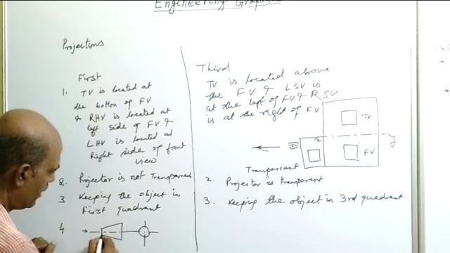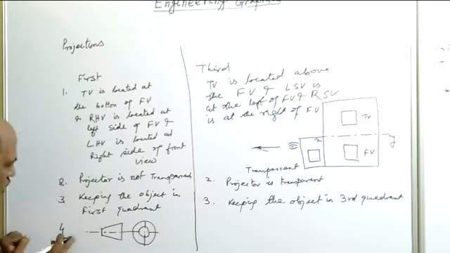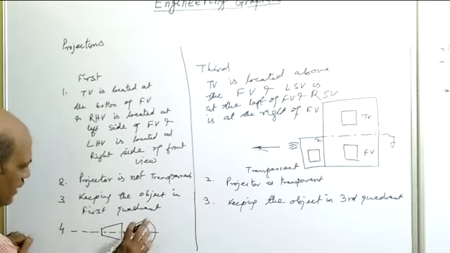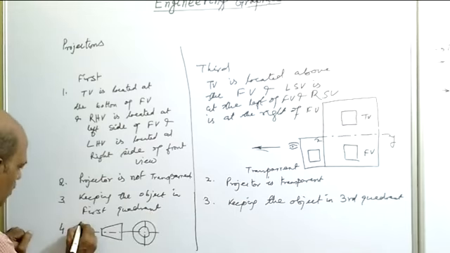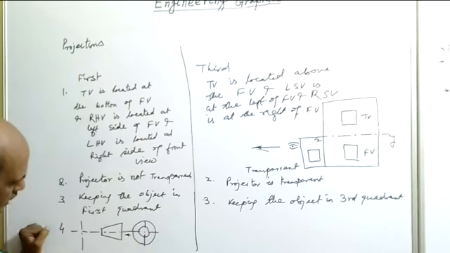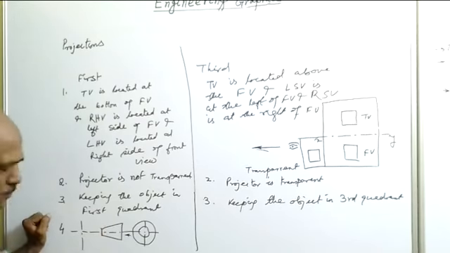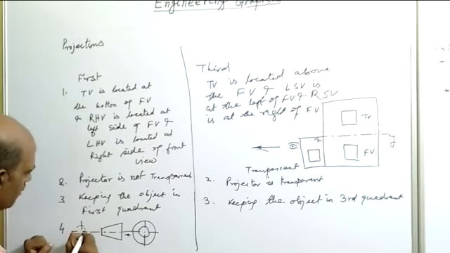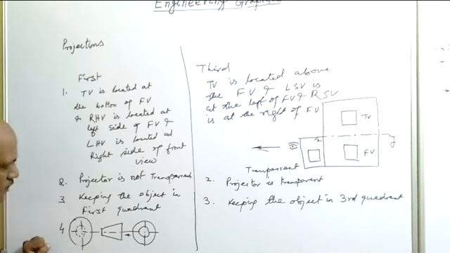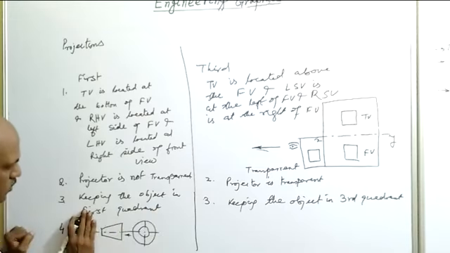This is the smaller diameter circle and the larger diameter circle. If we want to show the left hand side view of this, either this or this, we can show. So this is the center line. From this end, if we look at the object, we can see the larger circle, but the smaller circle will be hidden. So the smaller circle will be drawn by hidden lines, and the larger circle will be drawn by thick lines. So either we can show these two views or we can show these two views.